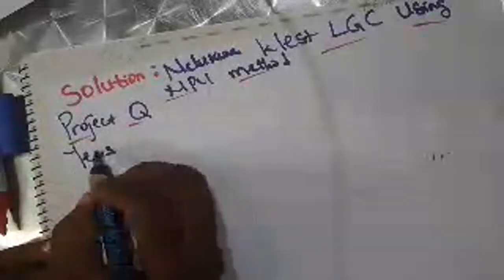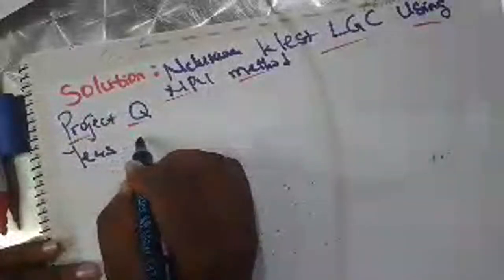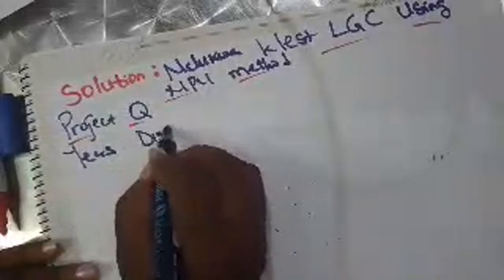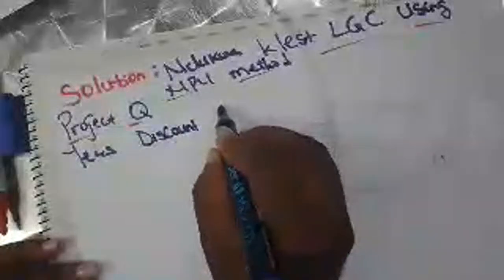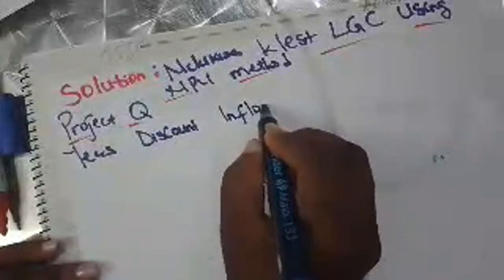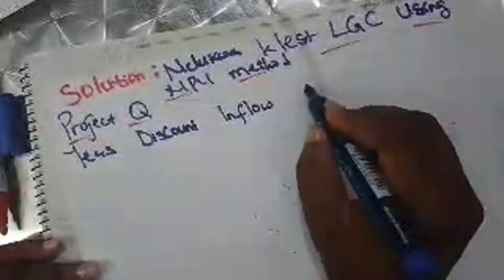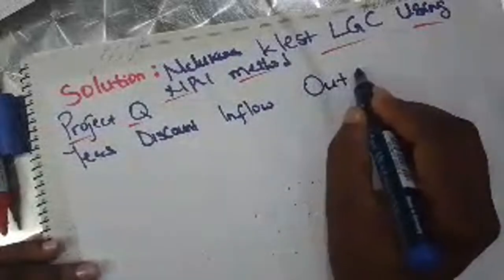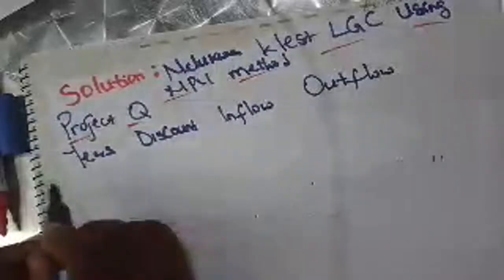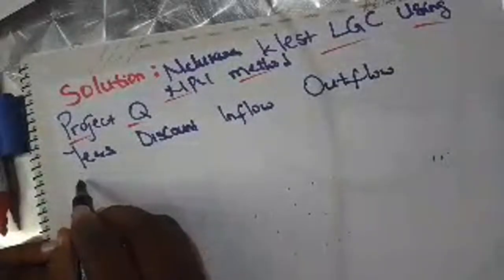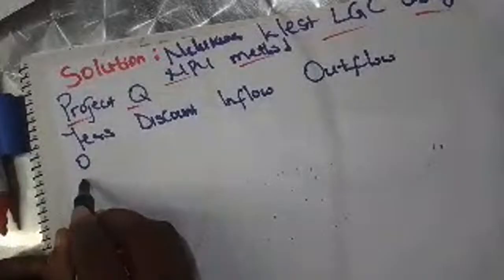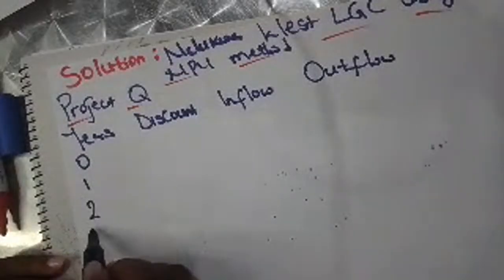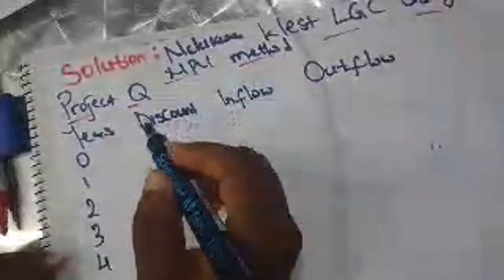So the year, the discounts, inflow and outflow. The year, you remember it always starts with 0, 1, 2, 3, 4. The discount, remember, is discount of 5%.